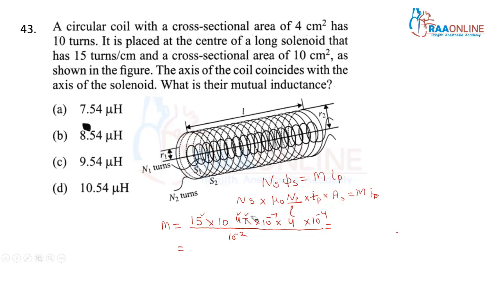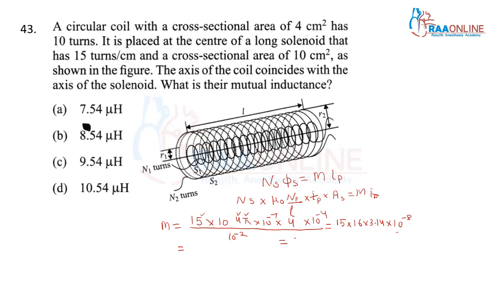So now what number are we getting? 15 into 4 into 4, 16, pi means 3.14 into 10 to the power, 16 pi we put. Number of turns 15 and 10, power 10 and 3 power plus and 11 minus, so we are getting minus 8.